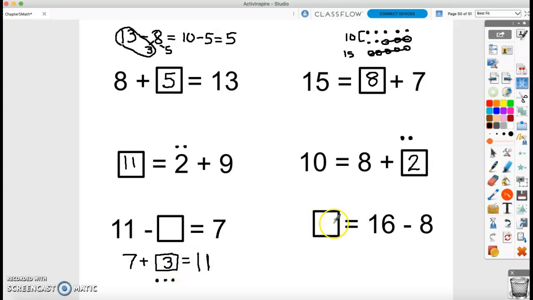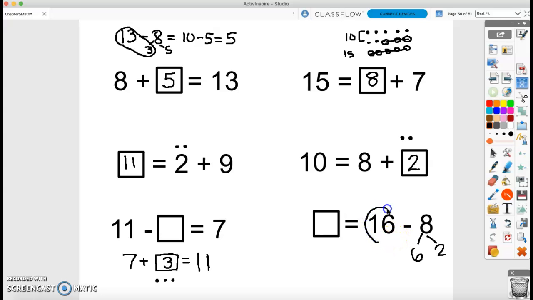Here we go. We have something equals 16 minus 8. So we want to get 16 down to 10. So I need to subtract 6. But I'm going to break apart 8. If I break apart 8, I'm going to say it's 6 and 2 is 8.